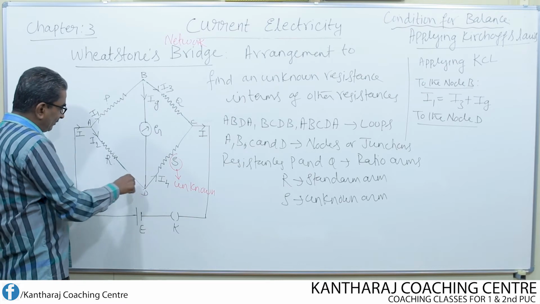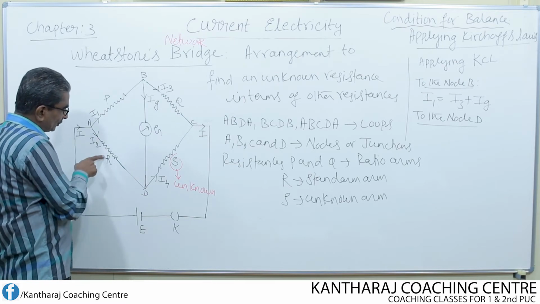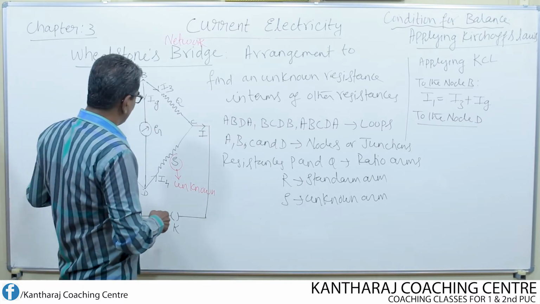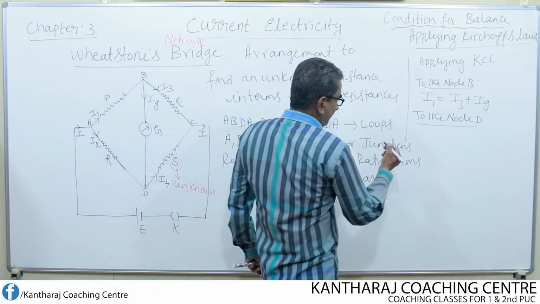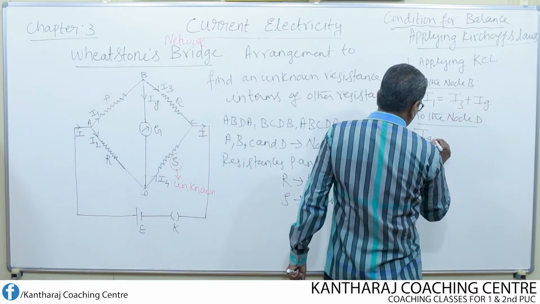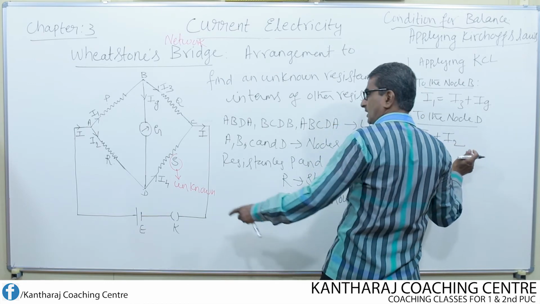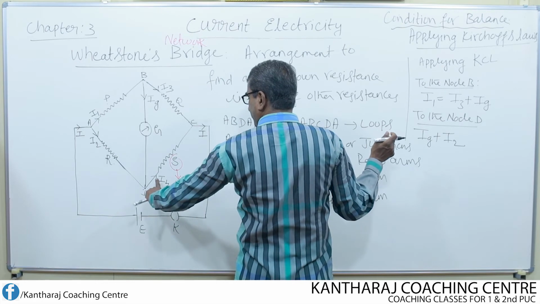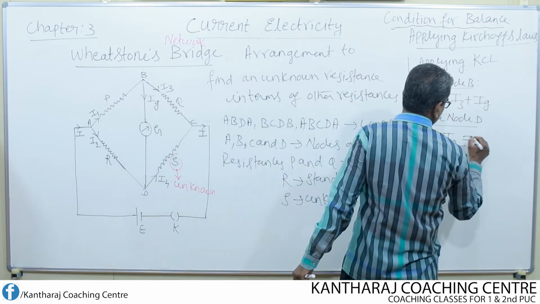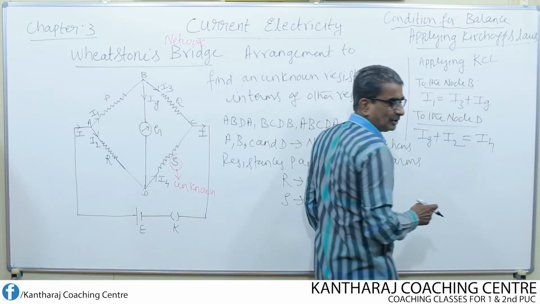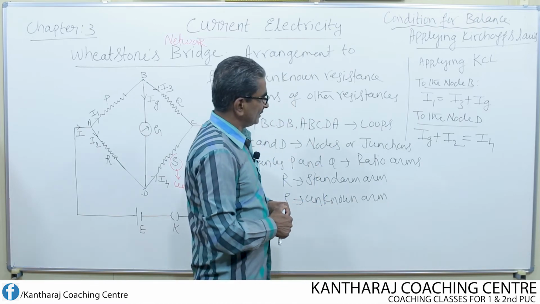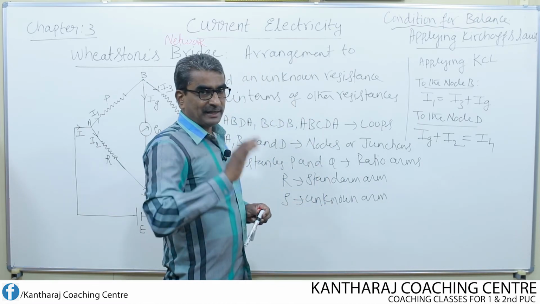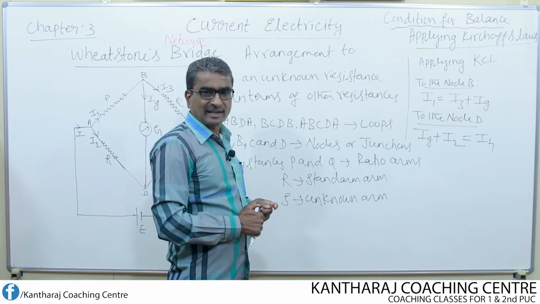IG through the galvanometer, I2 through the resistance R. So IG plus I2 are the total incoming. Outgoing is nothing but I4, equal to I4. Okay. Now I have applied Kirchhoff's current law.